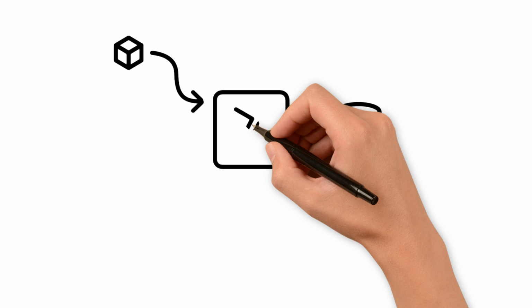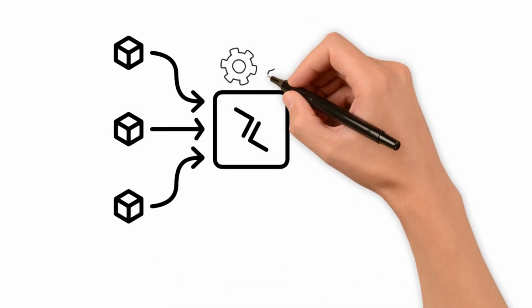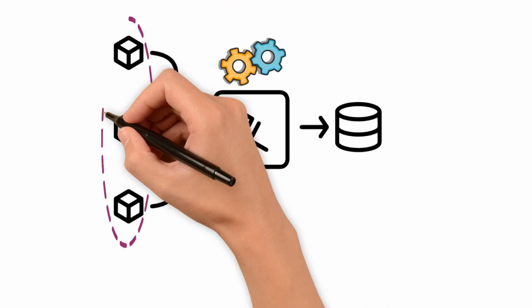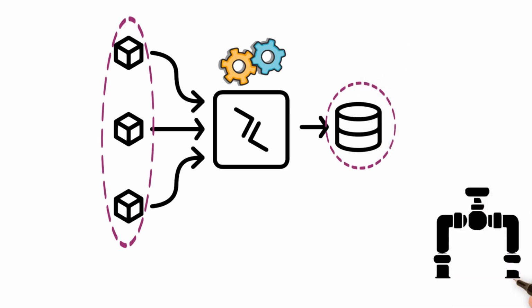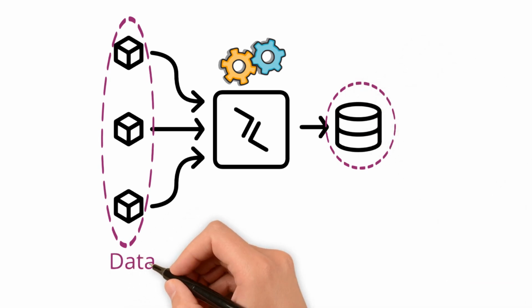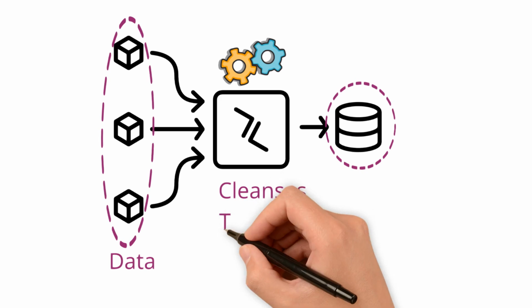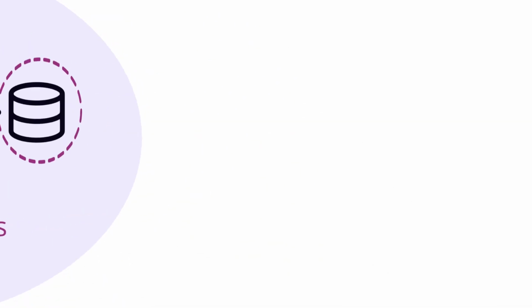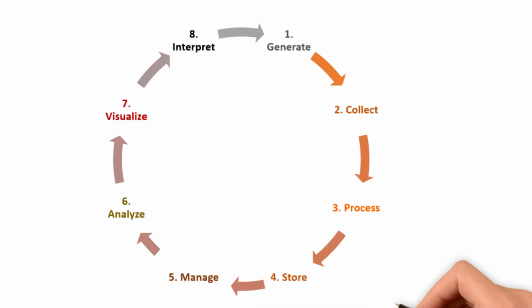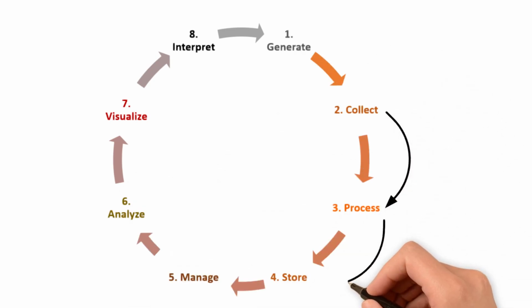In a sense, a data pipeline automates the flow of data from various sources to where it needs to be. Just like a city's water pipeline, it extracts data, cleanses it, transforms it, and delivers it to a usable destination for analysis. In the data lifecycle, it covers the stages from collect to process to store.